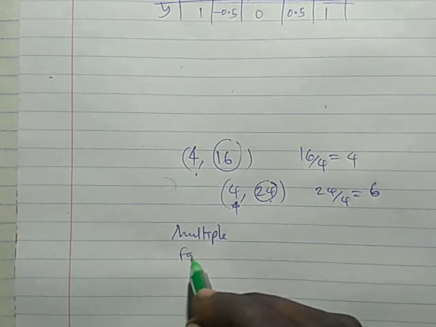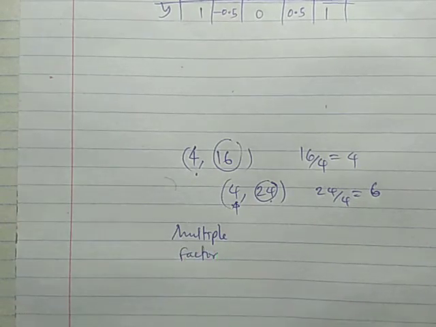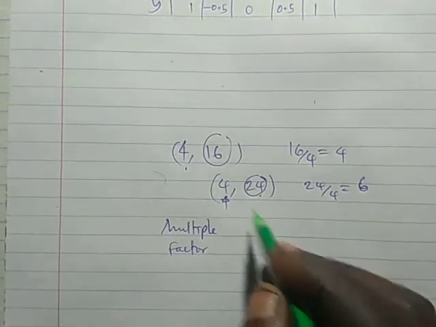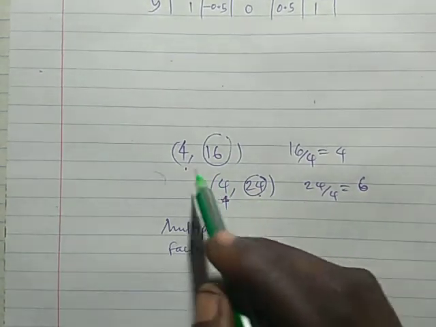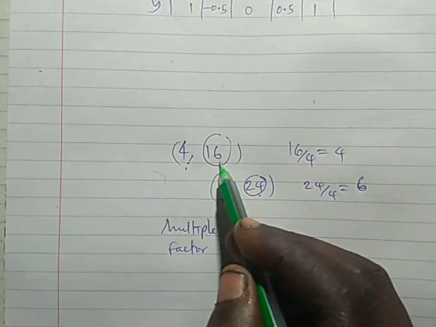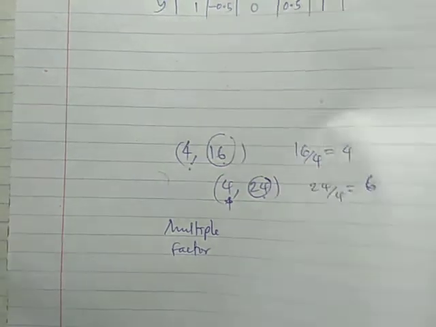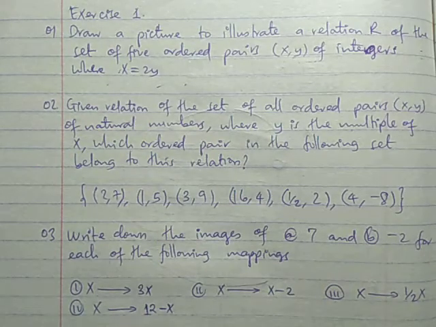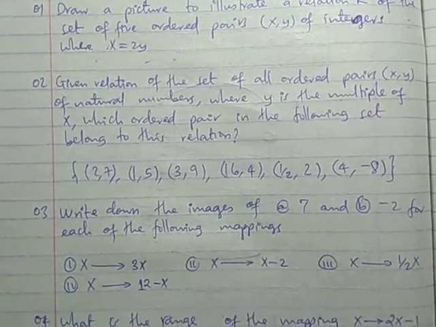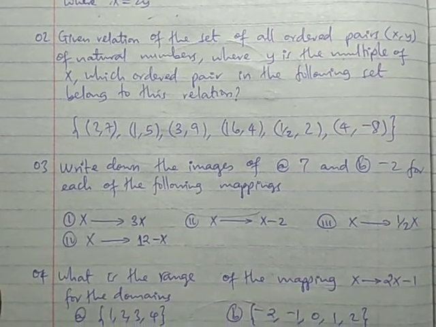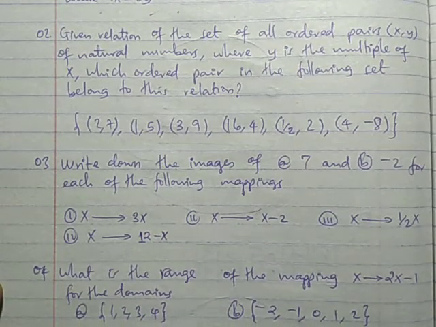But a factor is a number which, when we multiply it by another number, we get it. For example, 4 is a factor of 24, also 4 is a factor of 16. So that is how multiple and factor work. I think you studied in form 1 about LCM, lowest common multiple, and greatest common factor.